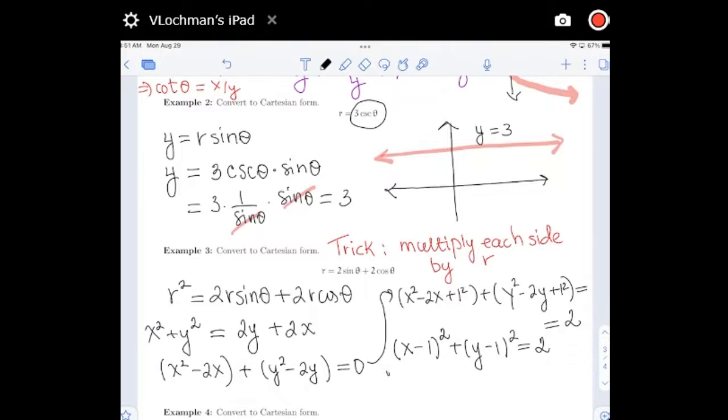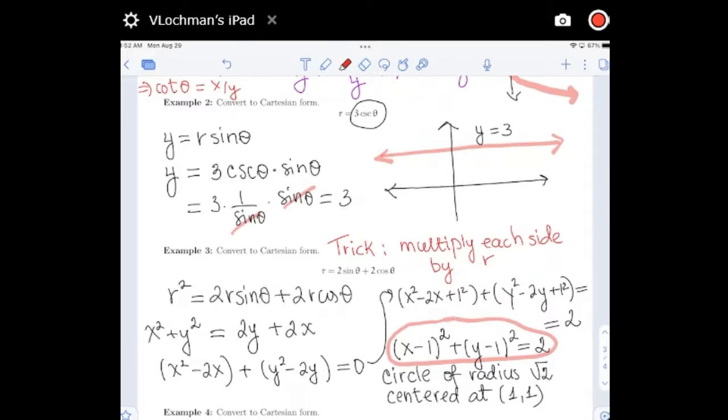And that equation does tell us what this curve is. This is a circle of radius root 2 centered at the point (1, 1). So this equation right here is the final answer that we're looking for, because it gives us exactly the location and description of our circle.